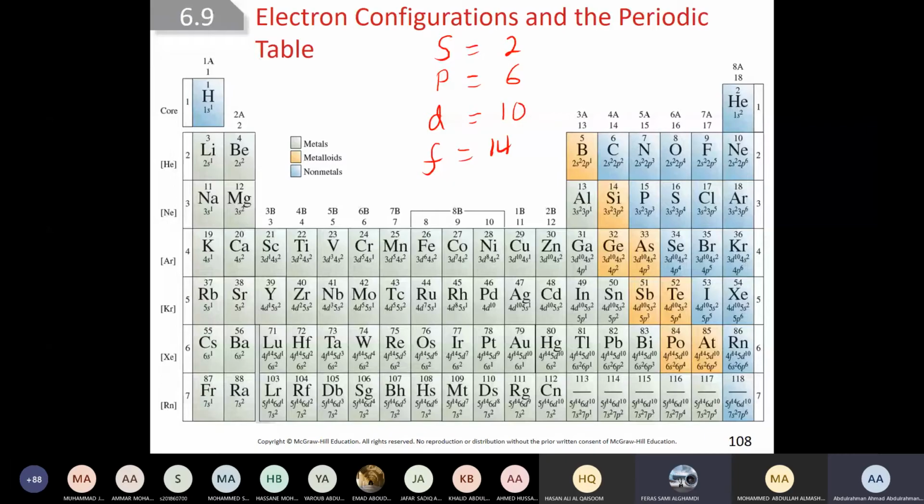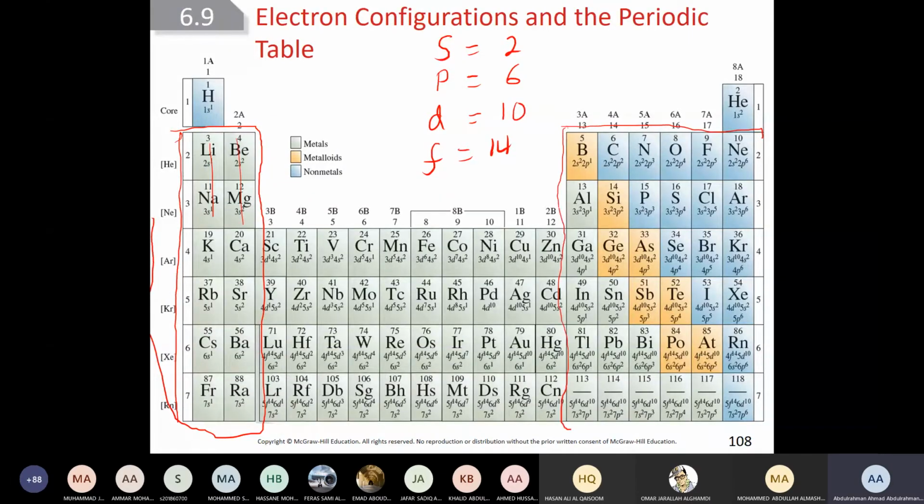Now, forgetting about hydrogen, how many columns do you have here? Columns, عمود. 2. How about this block? How many columns from here to here?